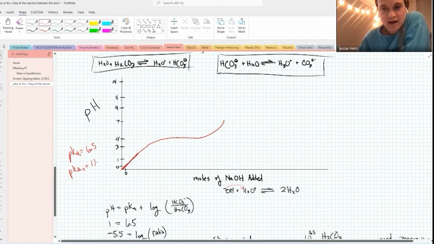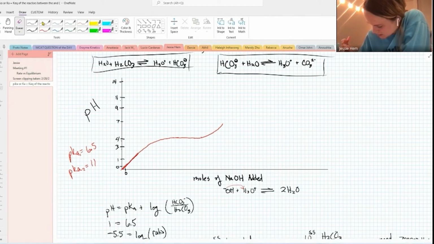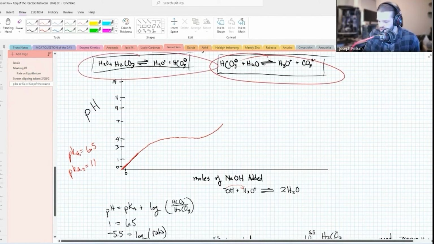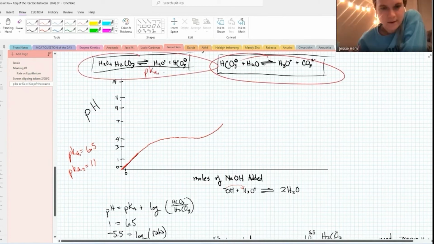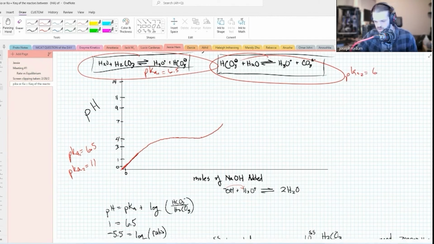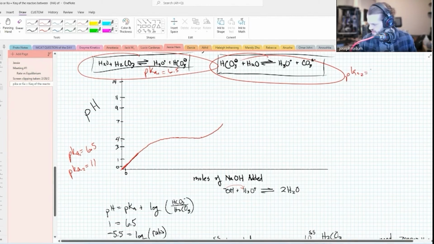This is where HCO3 dissociates, where the second reaction happens. So this is pKa1, and this one over here is pKa2, equal to about 11.